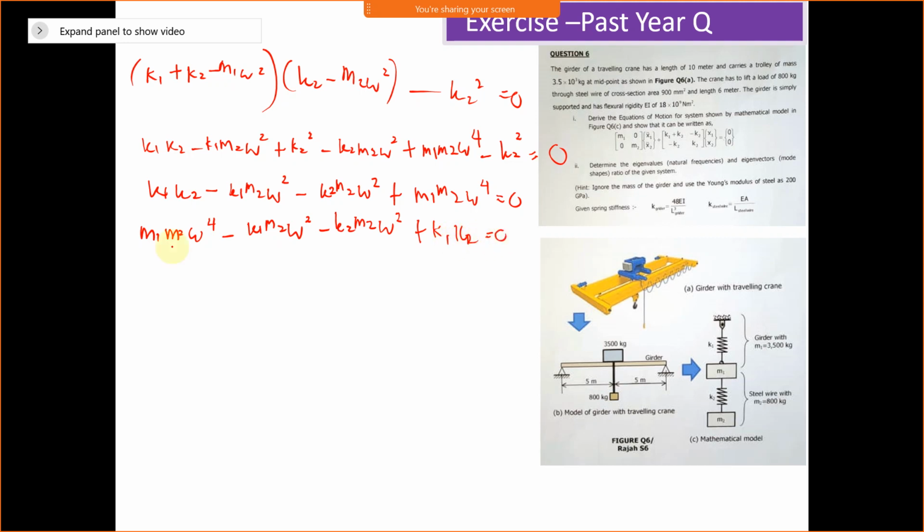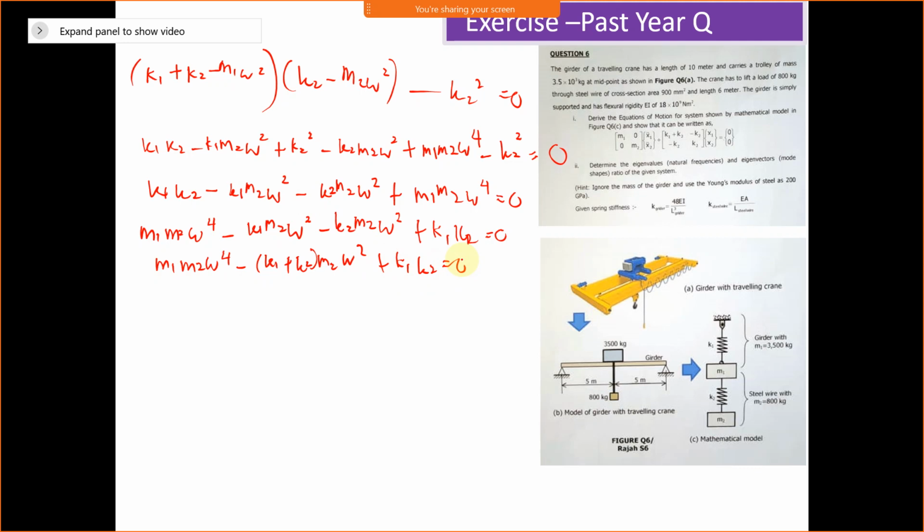Then at the end kita akan dapat M1 M2 omega to the power 4 minus K1 plus K2 M2 omega square plus K1 K2 equals to 0.